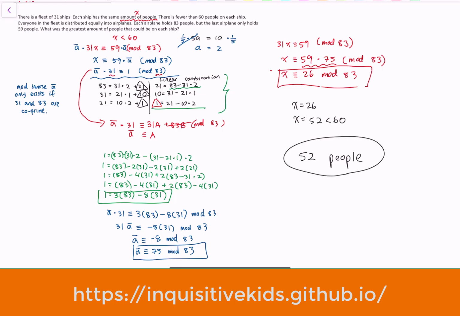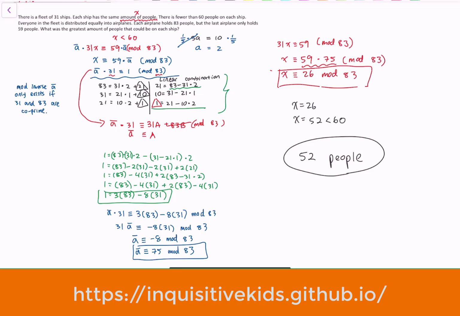were on each ship. And if we want, we could go back, take 52, substitute it into our original congruence, and then check our answer to see if it's correct. And for this problem, we first had to write out our problem's info using modular arithmetic. And then we used the Euclidean algorithm to help us find the modulo inverse.